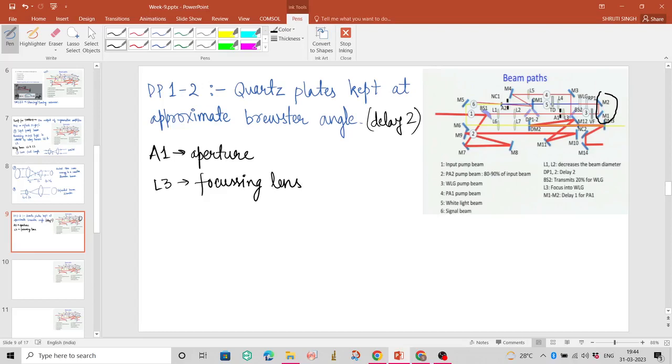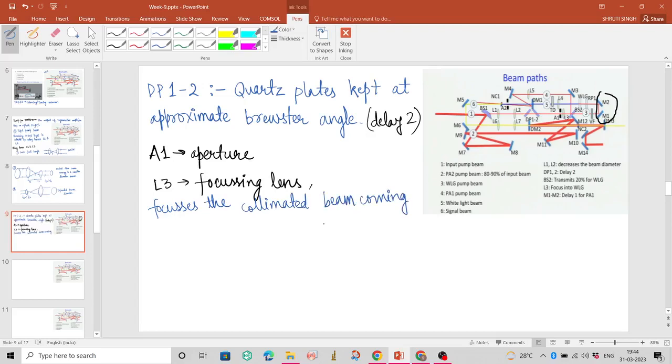L3 is the focusing lens. Now L3's job is to focus the beam which is coming through the aperture. It's a collimated beam.